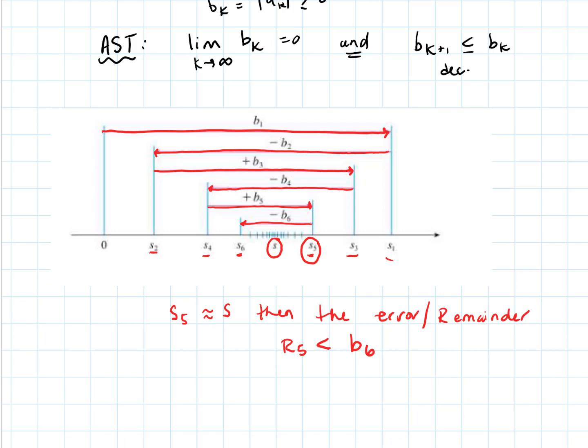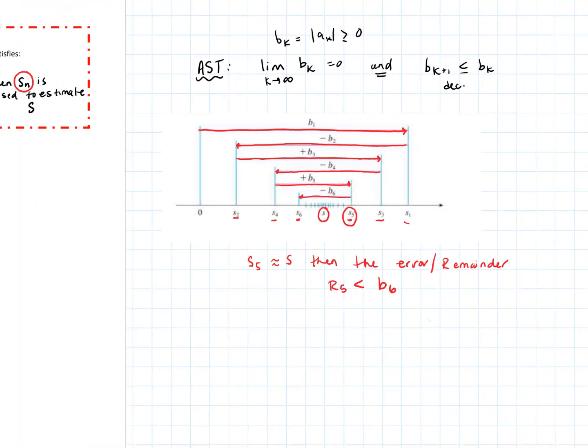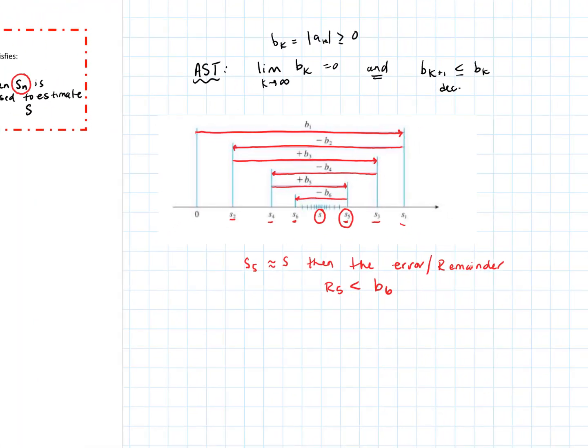It just has to be less than the size of B6. So if I add up the first 5 terms, then I know my error is less than the 6th term. Okay, so that's what the alternating series estimation theorem says.